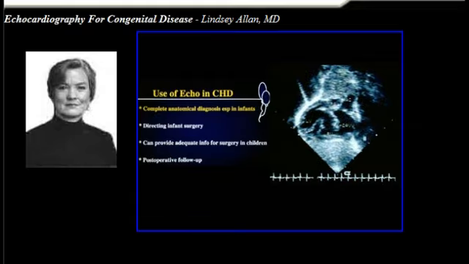We're seeing that the apex points to the right. We're seeing that there's a common atrioventricular septal defect. We're seeing that there's double outlet right ventricle. We're seeing that the pulmonary artery is obstructed in the subpulmonary region, and the pulmonary artery itself is rather small. So this is a common atrioventricular canal with dextrocardia and double outlet right ventricle with pulmonary stenosis. So you can get complete anatomical diagnosis in infants.